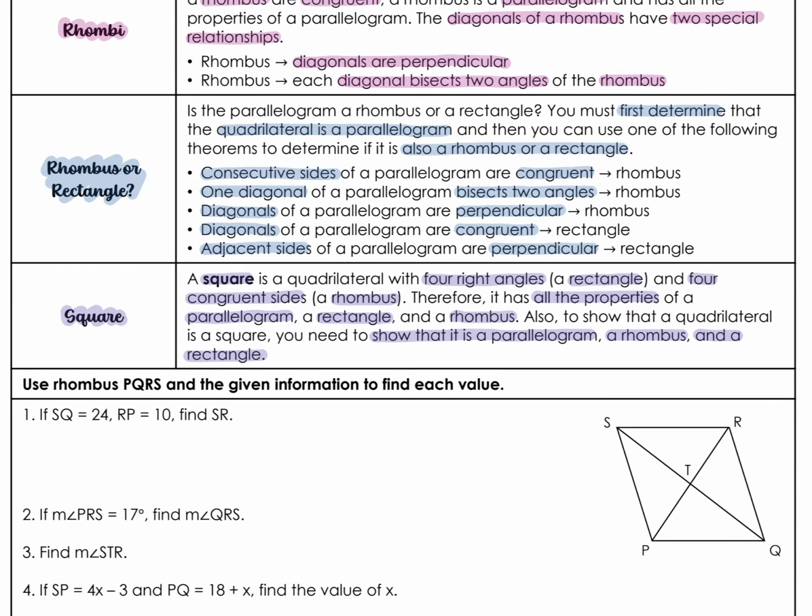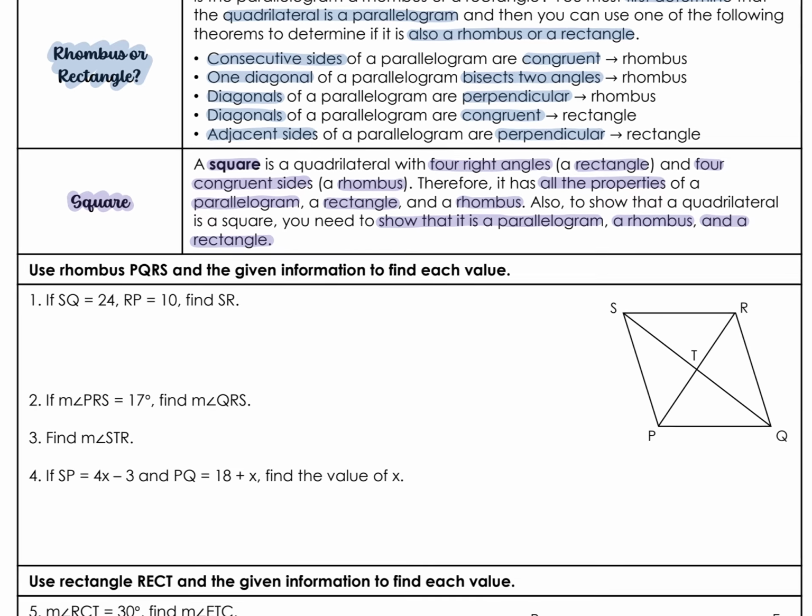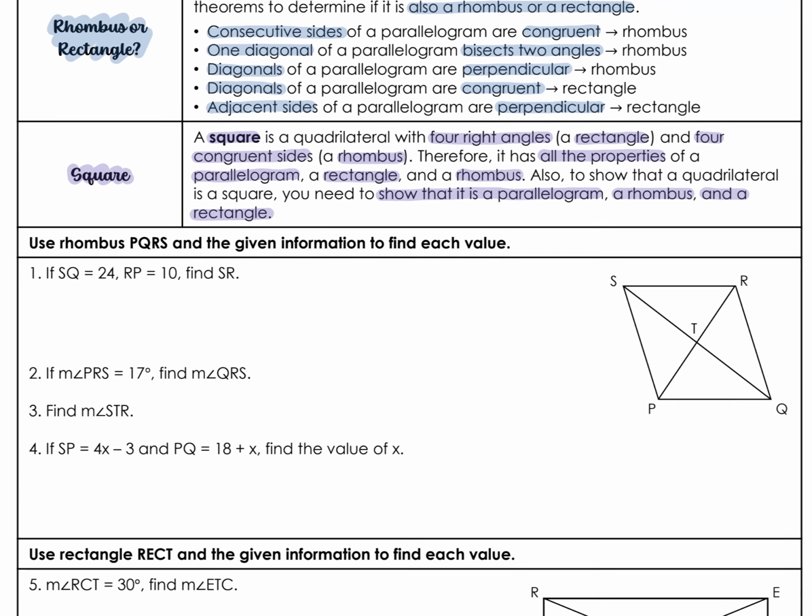All right, so for the next few problems, we are told to use the rhombus PQRS and the given information to find each value. Let's start off with the first part of it. We have if SQ is 24. I'm going to label from S all the way to Q is 24.